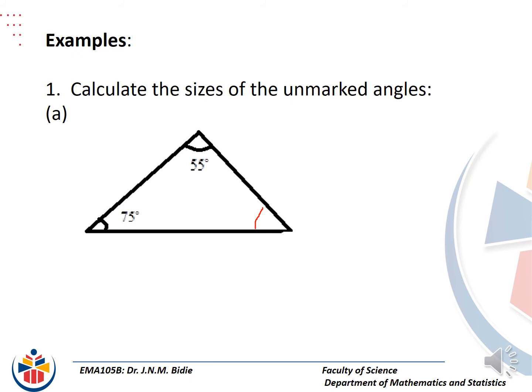So that means in order for us to get the unmarked angle, we subtract the given angles from 180 degrees, and that gives us 50 degrees. And your reason being angles of a triangle are supplementary.